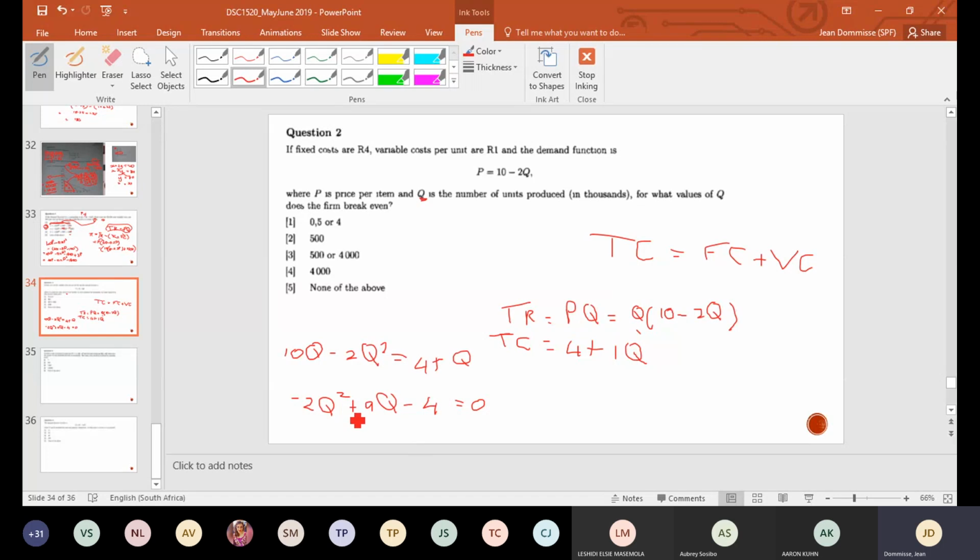Then I would be sneaky and change some of these signs, but I can just work with something that is positive. So if I want to factorize this, I don't even know if I will get the answer, but that is how I would have done it.